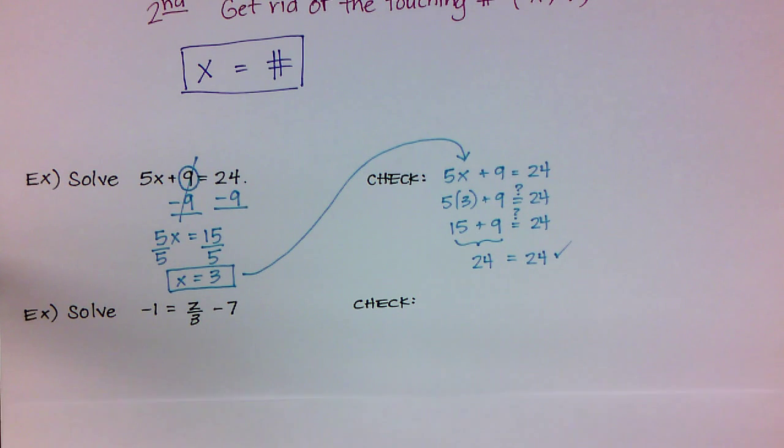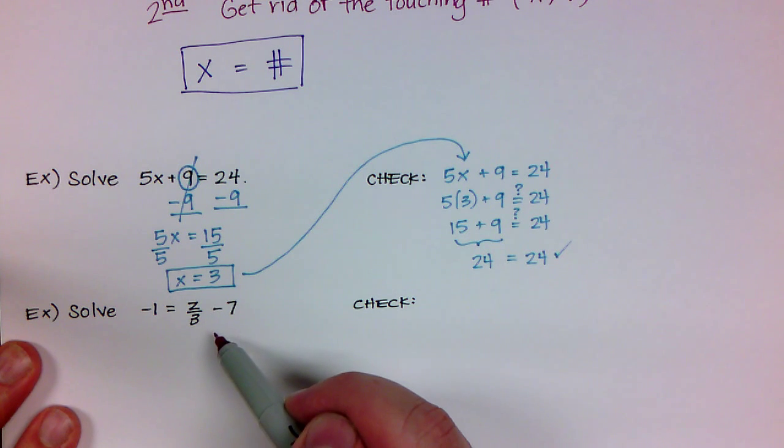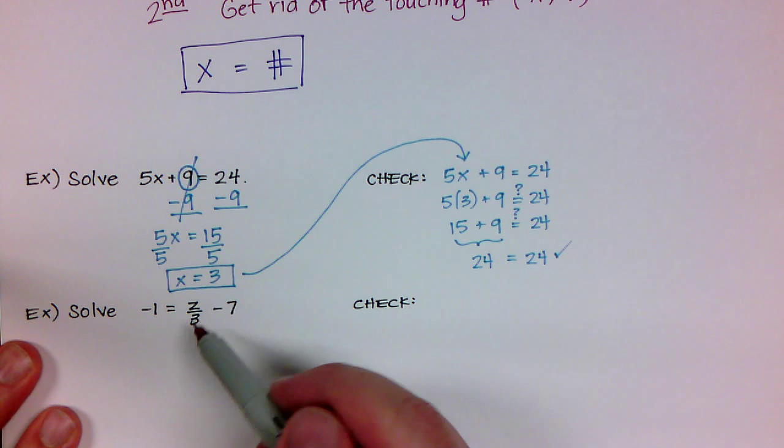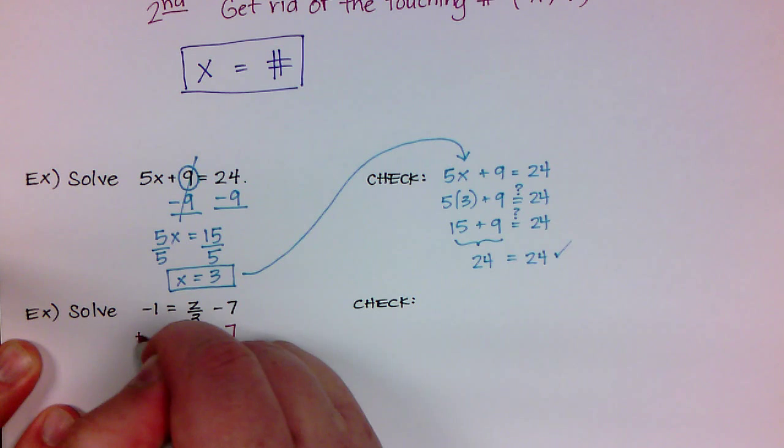All right, our next equation says to solve -1 equal to z divided by 3 minus 7. Okay, so this time it looks like our variable is on the opposite side, but that's okay. Still, I want to get rid of the lonely number that's not touching the variable. So in this case, it's subtracting 7, so I want to add 7 to both sides.